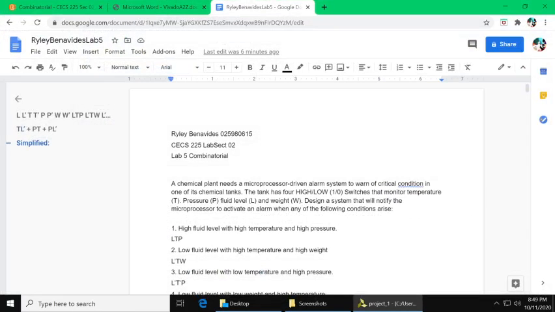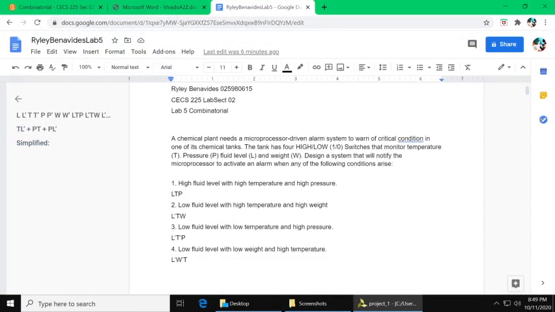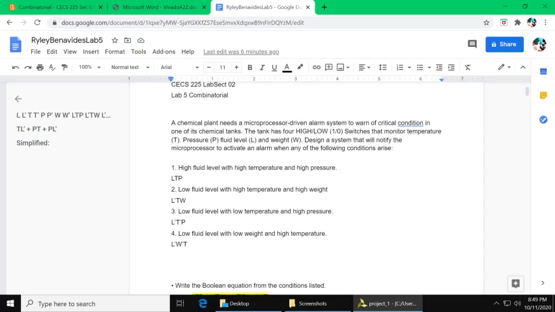So, with the original equation, we started off with high fluid level, high temperature, high pressure, or low fluid level, high temperature, high weight, or low fluid level, low temperature, high pressure, or low fluid level with low weight and high temperature.